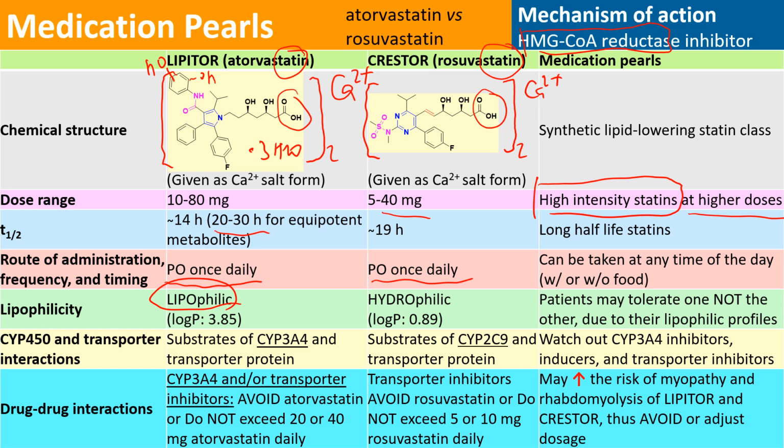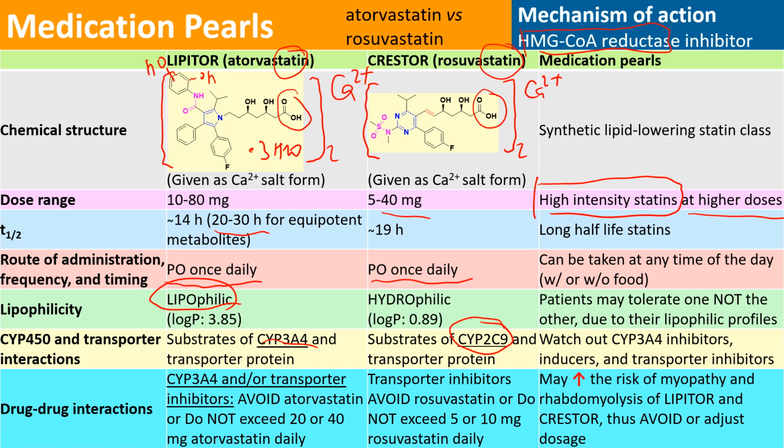CYP450 and transporter interactions. Atorvastatin is a substrate of CYP3A4 and transporter proteins. Rosuvastatin is a substrate of CYP2C9 and transporter proteins. With that said, you need to watch out for CYP3A4 inhibitors, inducers, and transporter inhibitors, all the drug-drug interactions.